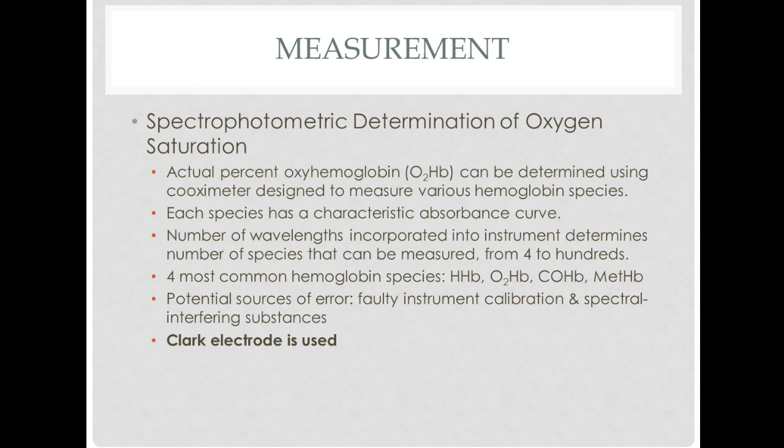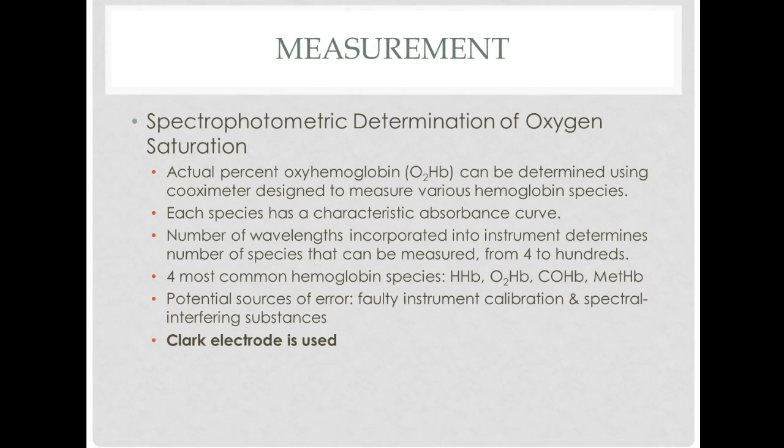Okay, so when we talk about the measurement of these different things, especially with oxygen saturation, we can use a spectrophotometric determination. The actual percent of oxyhemoglobin can be determined using a co-oximeter designed to measure various hemoglobin species. Each species has a characteristic absorbance curve. The number of wavelengths incorporated into the instrument determines the number of species that can be measured, from 4 to hundreds of them.